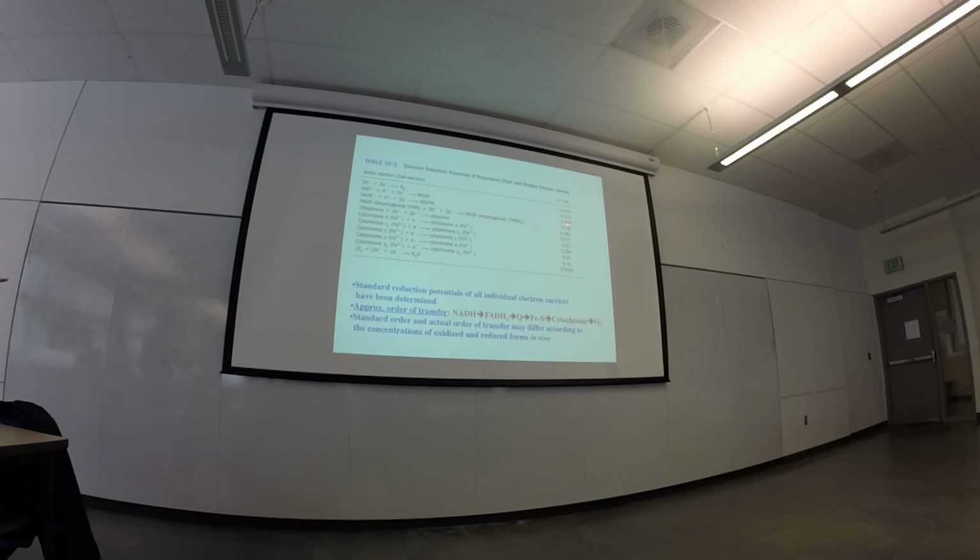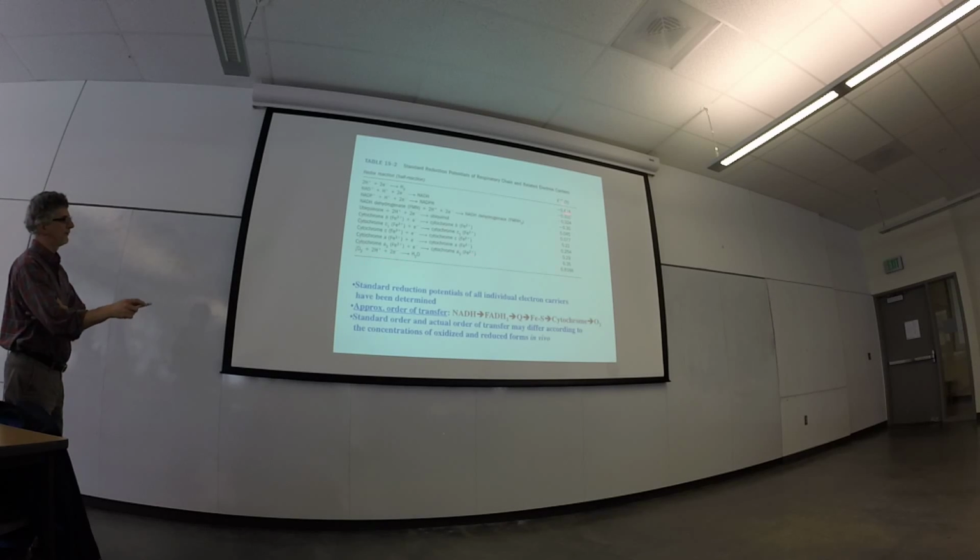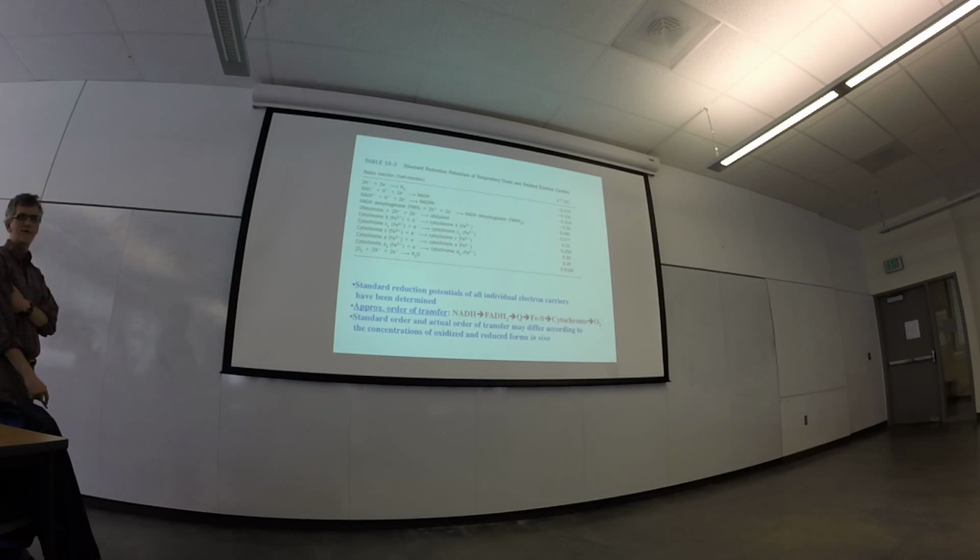This is an FMN protein, and here are all these irons that have a range of different E'0 values. And then at the very end, we have oxygen. This very strongly positive standard reduction potential indicates that molecular oxygen has the most affinity for electrons of any of these species on here.